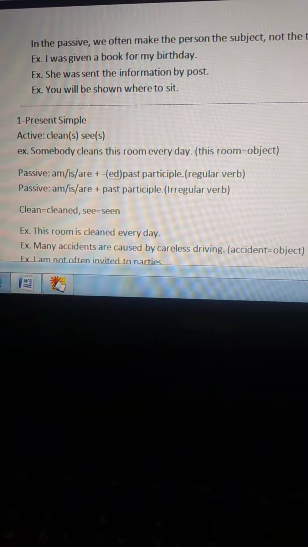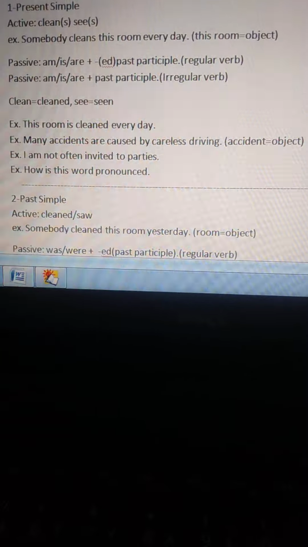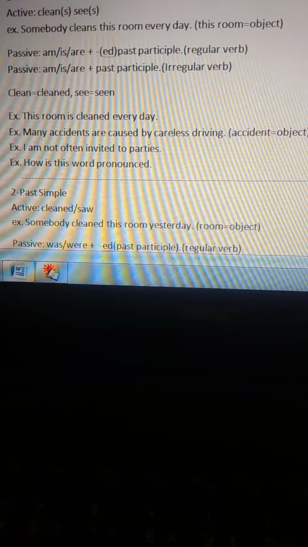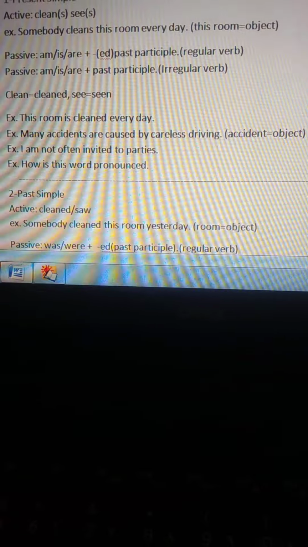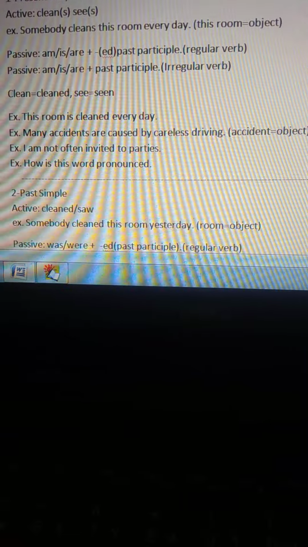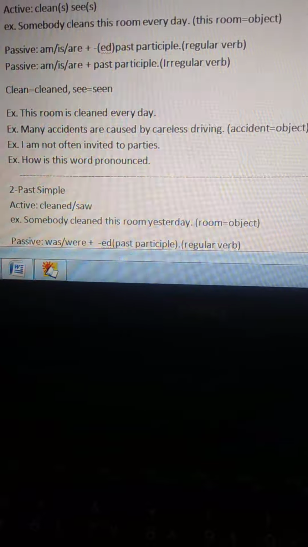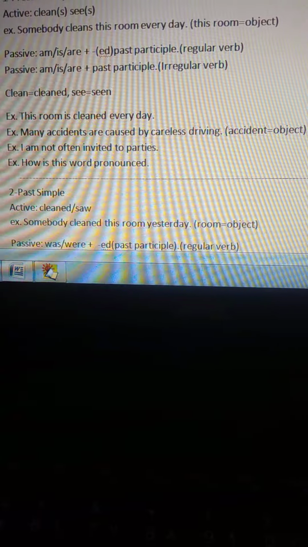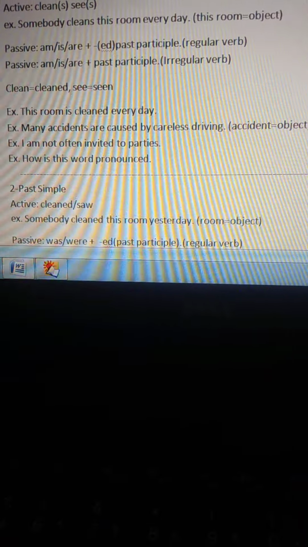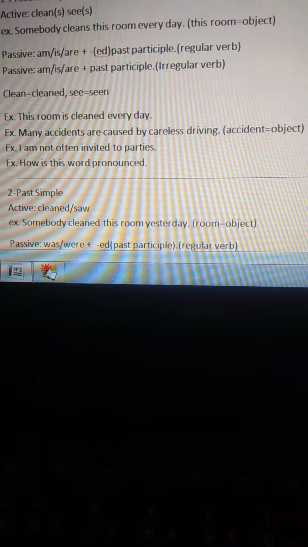Present simple. Active: cleans, sees. Somebody cleans this room every day. In the passive: is or are plus past participle, regular verb with -ed, and irregular verb.